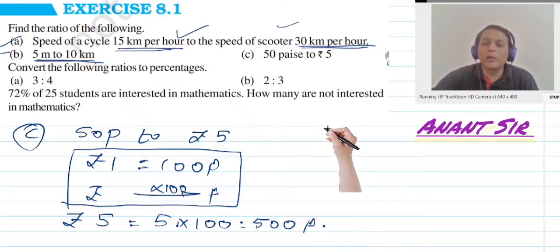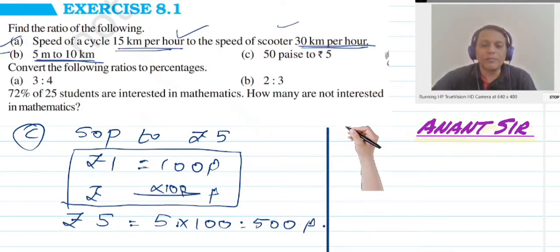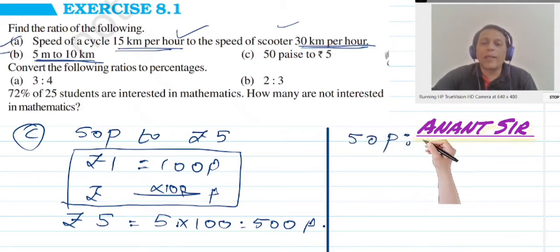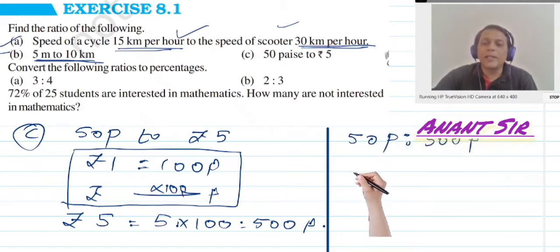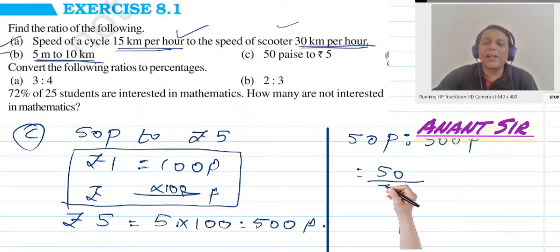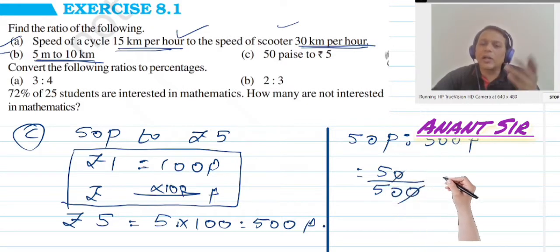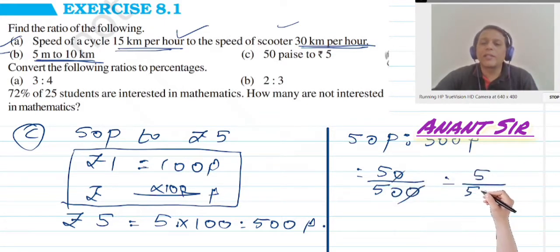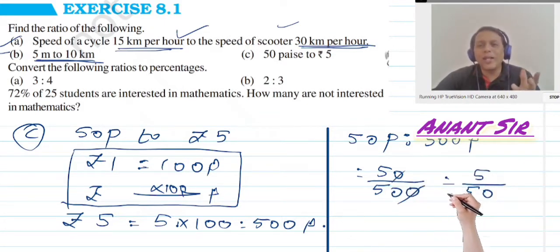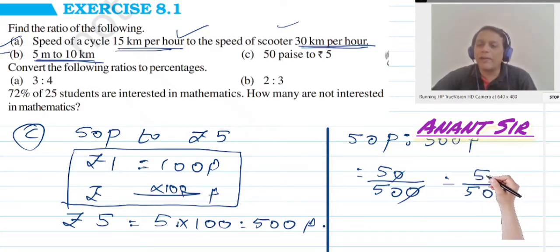Now I am going to find the ratio. The ratio I have to find is 50 paise to 5 rupees, which is now 500 paise. So it is 50 divided by 500. Now one thing you can do very easily is just cut the zeros. That is, it is now 5 by 50. Now you can divide both the numbers by 5.